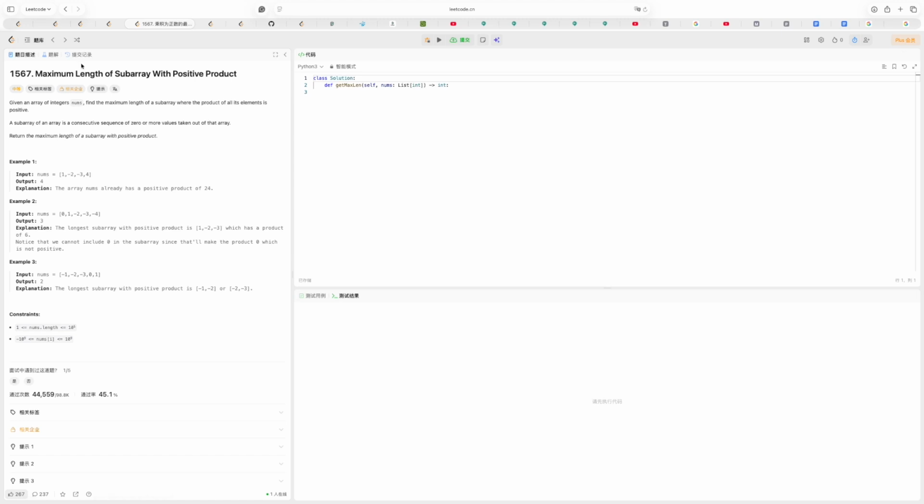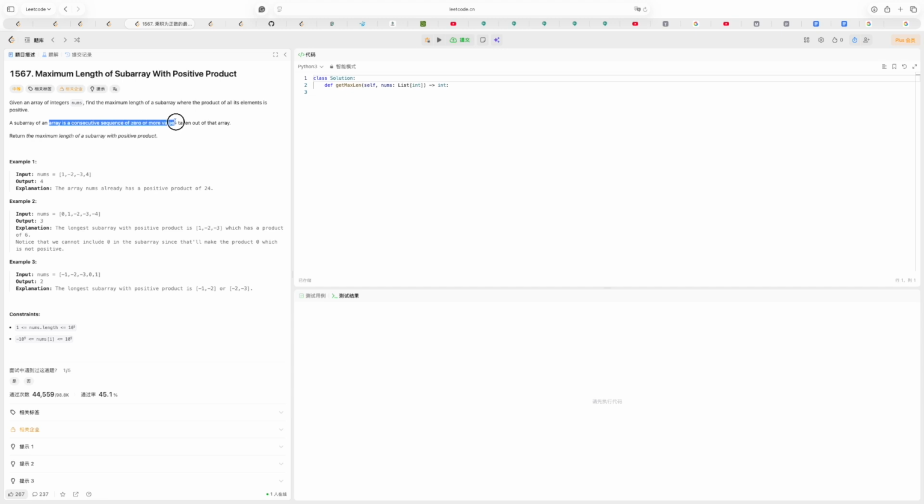Okay, so we have to return the maximum length of a subarray, not subsequence, and the product of all its elements is positive. A subarray of an array is a consecutive sequence of 0 or more values taken out of that array.